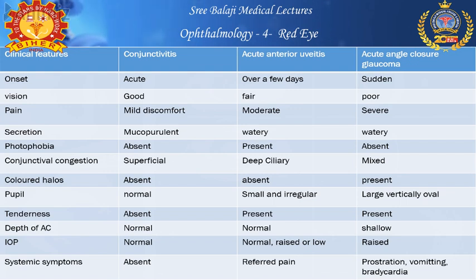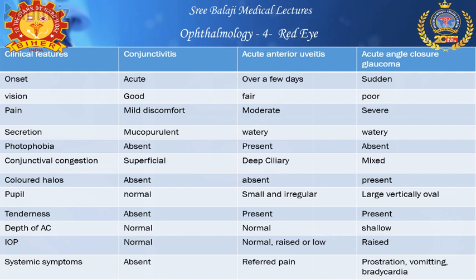In acute conjunctivitis, the vision is not affected because the pathology lies outside the eye, only in the conjunctiva. In acute anterior uveitis, the vision is initially normal but may get reduced over a period of time if left untreated. Whereas in acute angle closure glaucoma, the vision is poor, vision loss occurs.